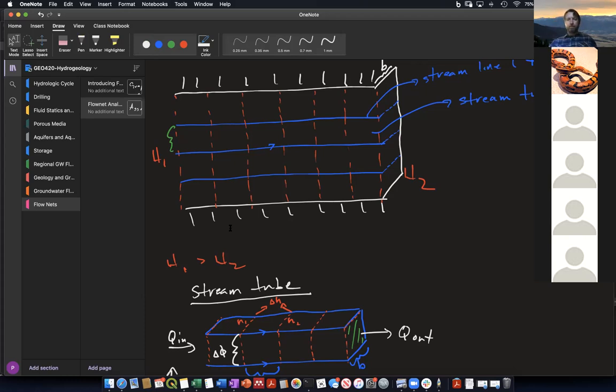Would you calculate the difference between H1 and H2 and then divide it by how many contours there are? Yeah, exactly. So here we would say, if I want to figure out what my contour interval is, I figure out what the head is at the starting, what the head is at the end, and I divide it by the number of contours.